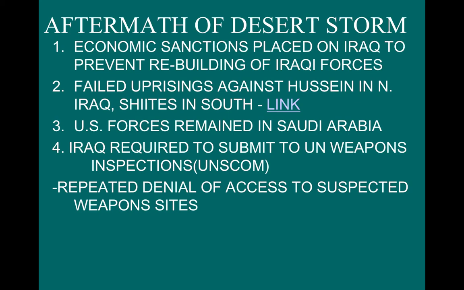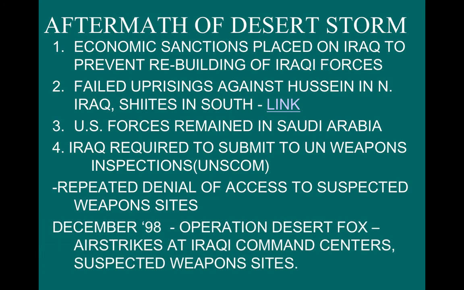Missile attacks against specific sites, but typically in a fairly limited manner. But in December of 1998, the United States launched what was called Operation Desert Fox. After Saddam Hussein actually expelled weapons inspectors from Iraq, the United States responded with massive airstrikes at different Iraqi command centers, at different suspected weapon sites.